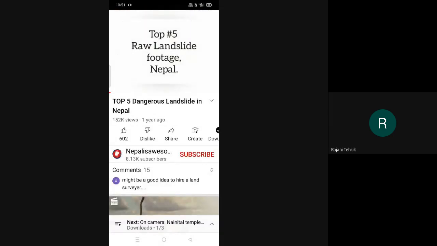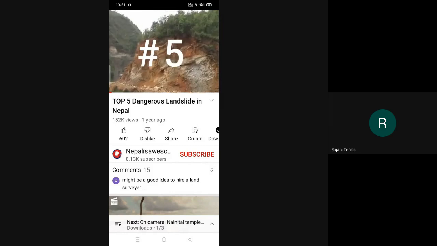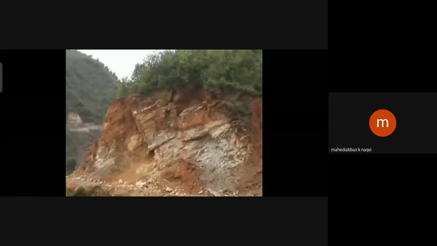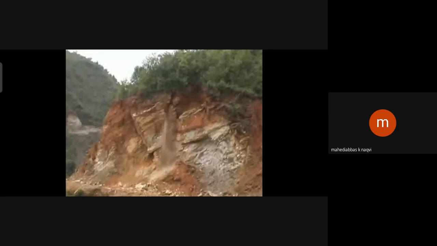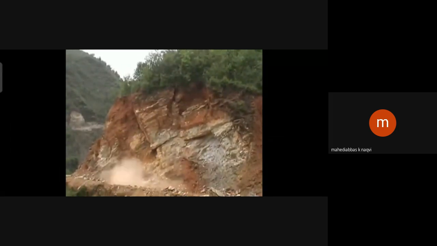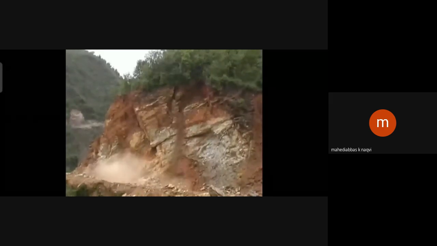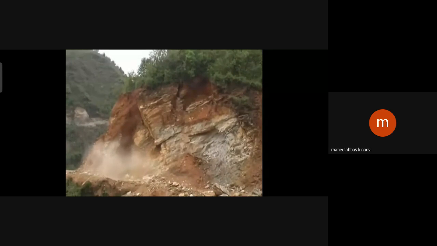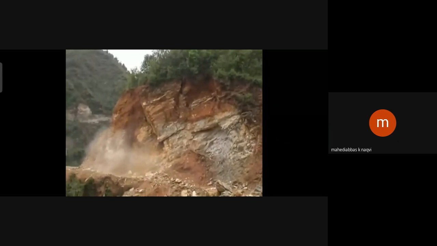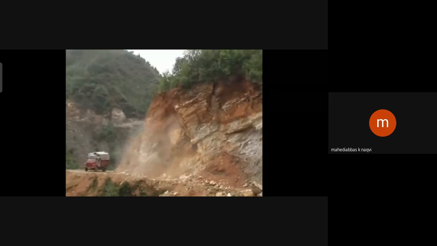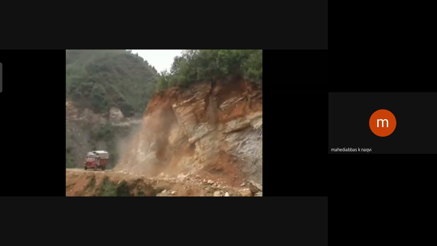This happened in Nepal. Keep your speakers turned off. Just watch the video and watch this truck driver very carefully, what he is doing.